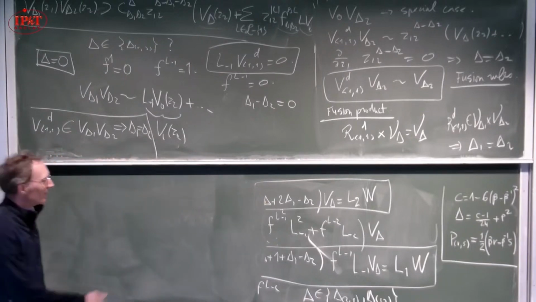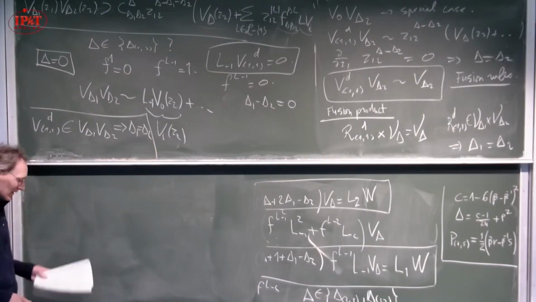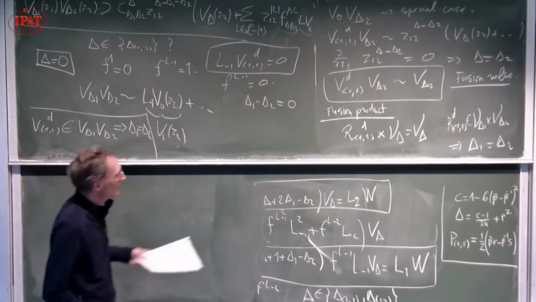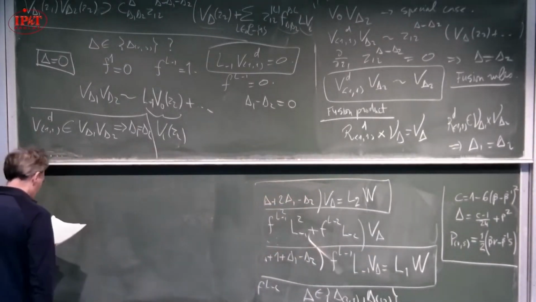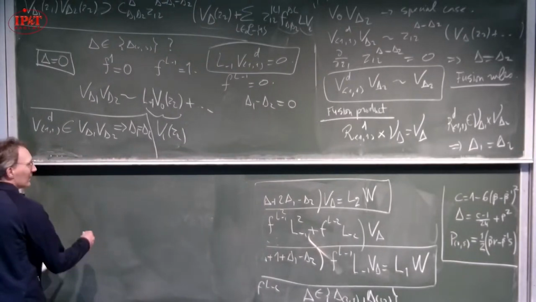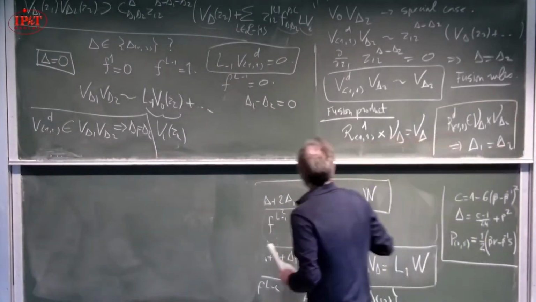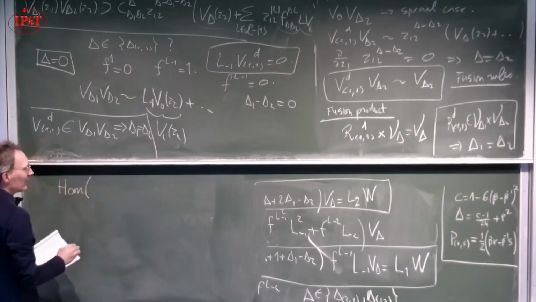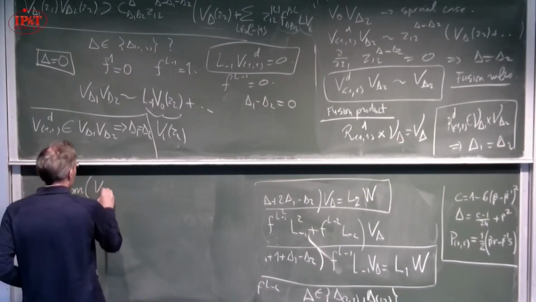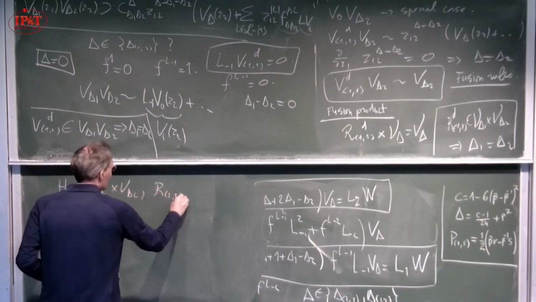So let me rewrite these statements in an even more algebraic way. In a sense, these are two dual statements, and one way to write this statement in particular is in terms of the homomorphisms from V delta 1 times V delta 2 to R11.